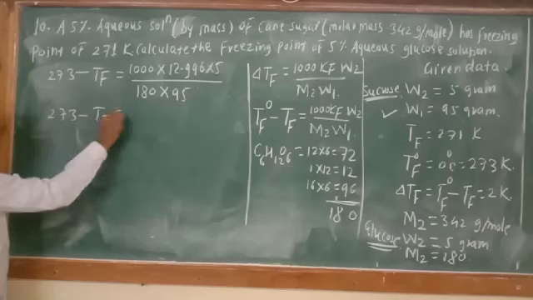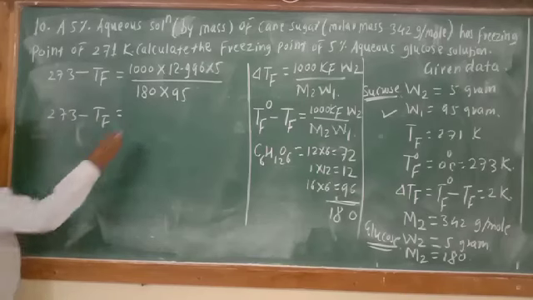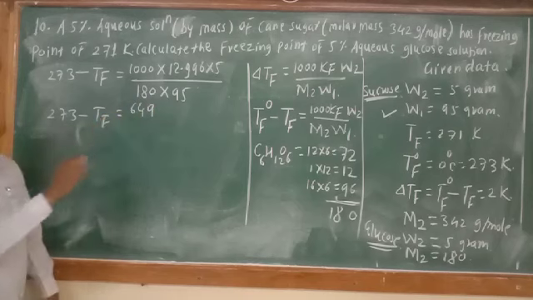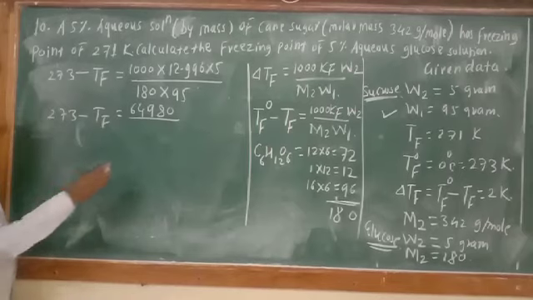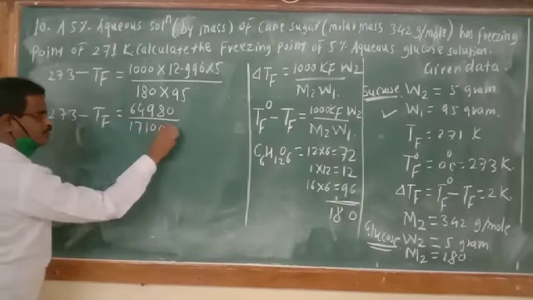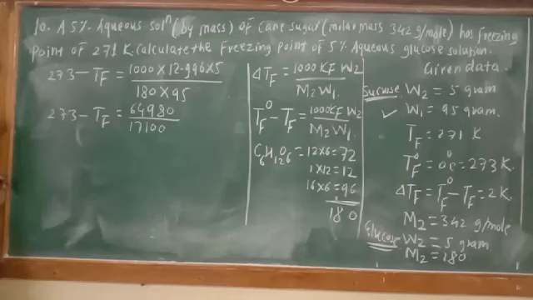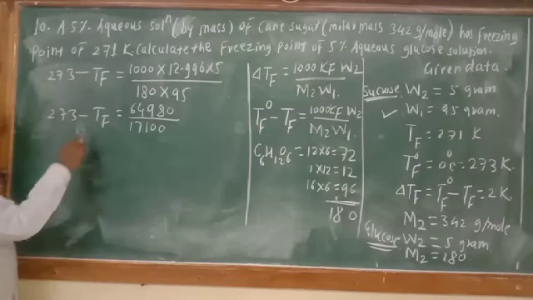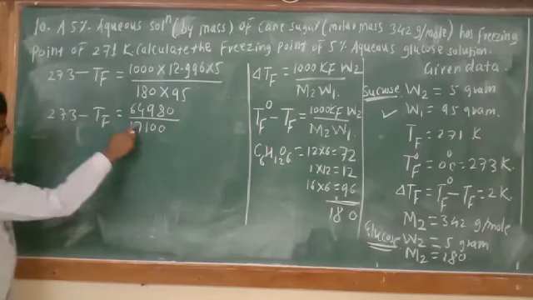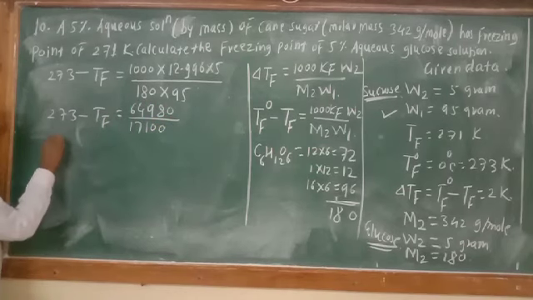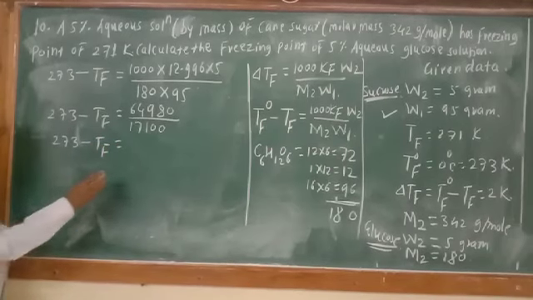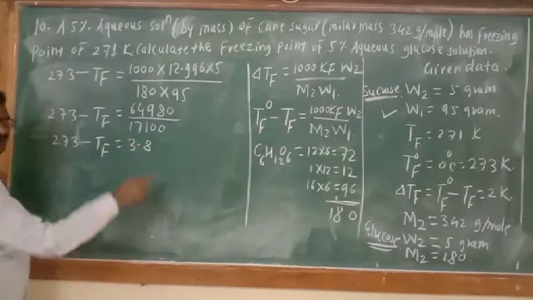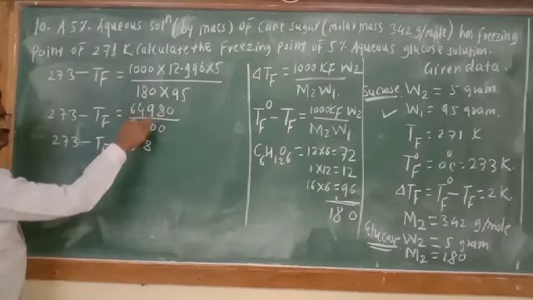273 minus Tf will be equal to 6490 divided by 17100. Then Tf we have to calculate. If we solve this, the answer comes equal to 3.8, means 273 minus Tf is equal to 3.8. How to solve this? Log of this term minus log of this term, and then antilog.